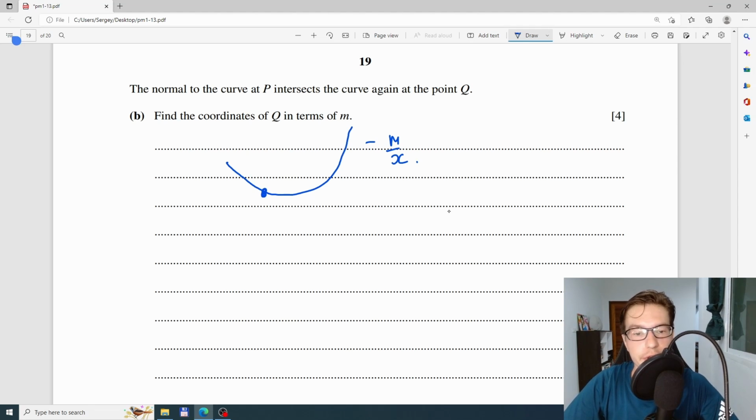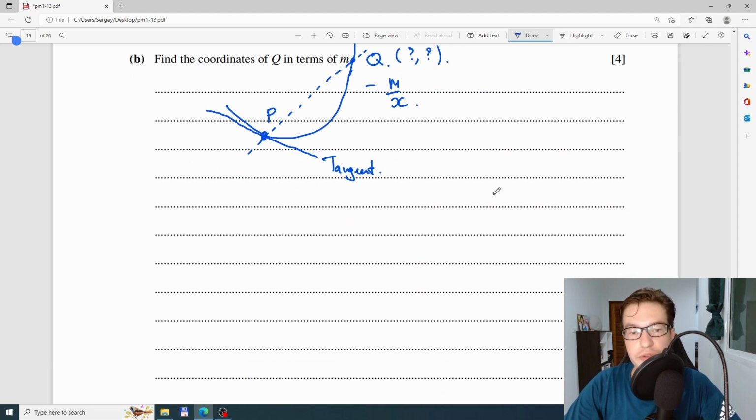Now we have a point P on this curve. We have a tangent line. Okay, and we've got the normal, which goes at 90 degrees. Then it's going to intersect the curve again at some point Q.